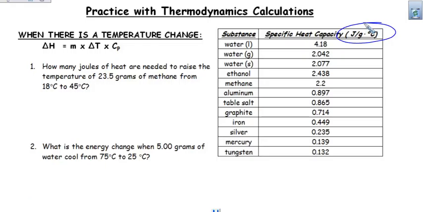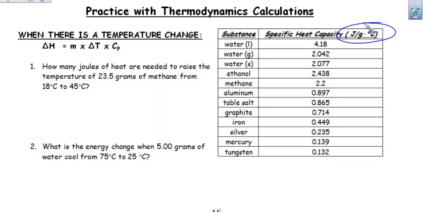That's kind of important. For example, liquid water, this one's real common, we'll use this one a lot. Liquid water has a specific heat capacity of 4.18 joules per gram degree Celsius. That means that it takes 4.18 joules of energy to raise 1 gram of water up 1 degree Celsius.